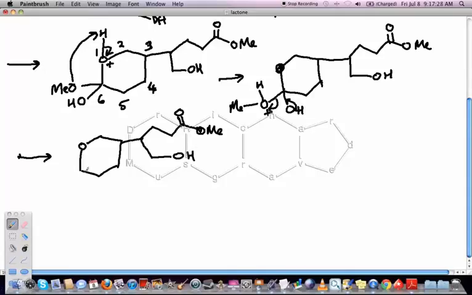And that completes the cyclization step. We've got our methanol, we'll have H plus as well.